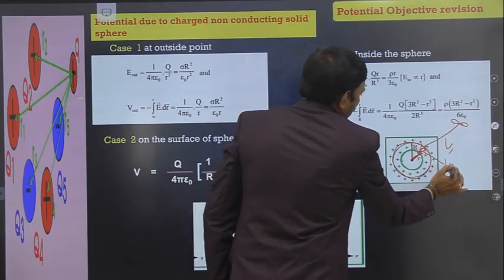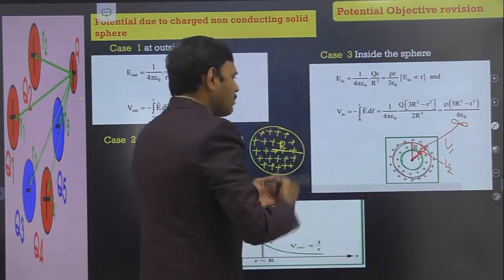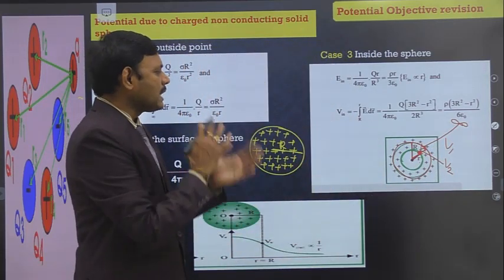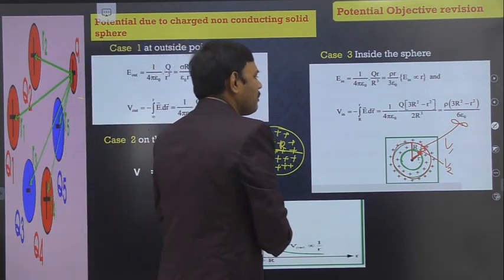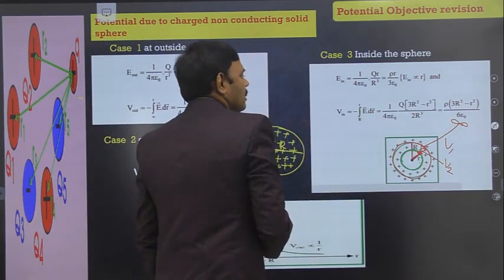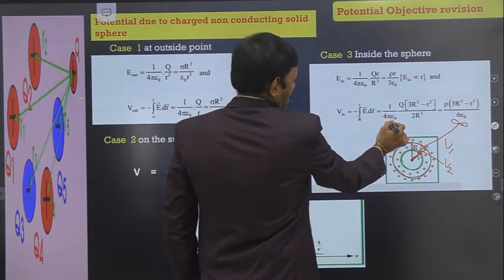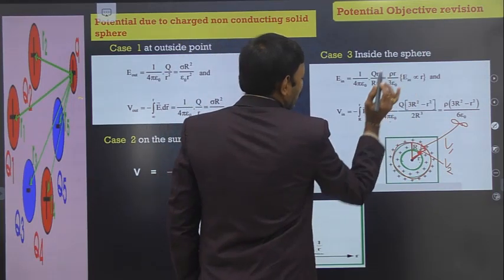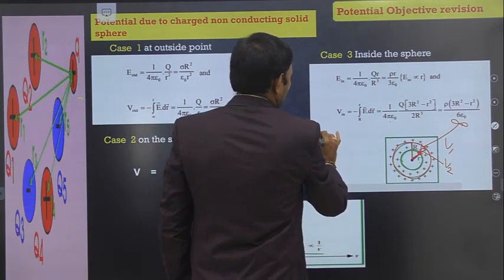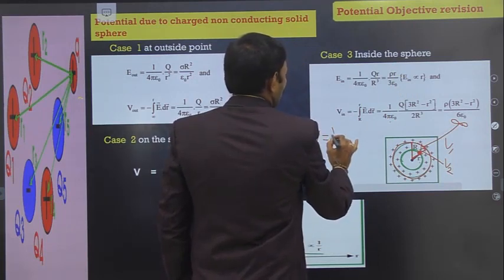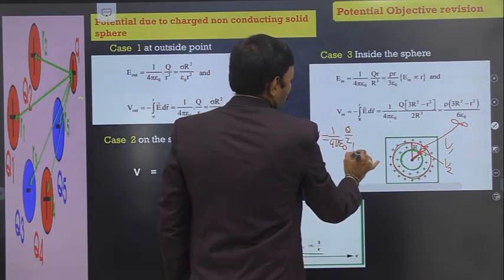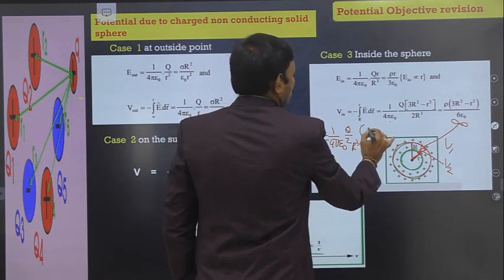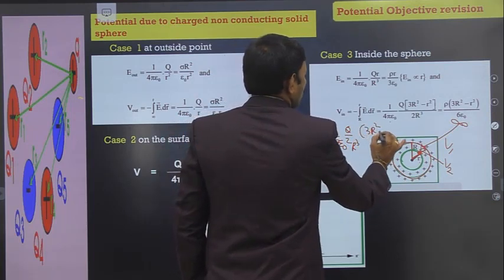The sum of V1 and V2 is the net potential at that point, and by adding those two values, ultimately this is the expression. I am rewriting the expression: 1 by 4 pi epsilon naught into q by 2R cube into 3 capital R square minus small r square.